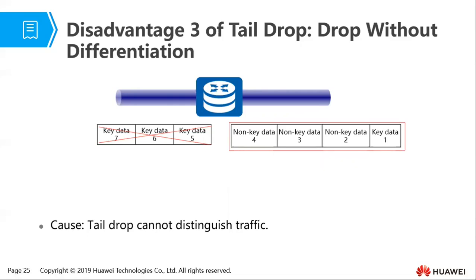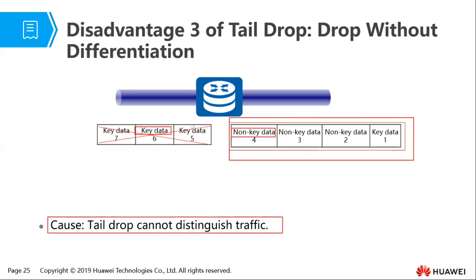So the other disadvantage of tail drop is drop without differentiation. Again, the reason for this is the same as what caused TCP starvation. So the tail drop cannot distinguish traffic. In a network, we have key data and non-key data, and TCP is not able to differentiate.